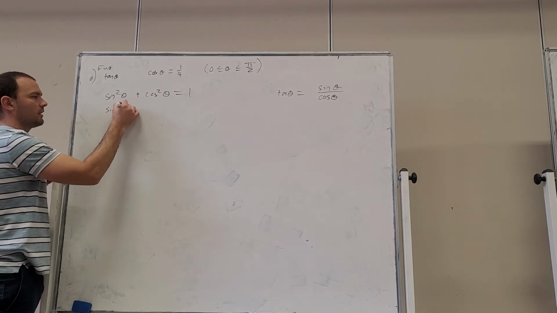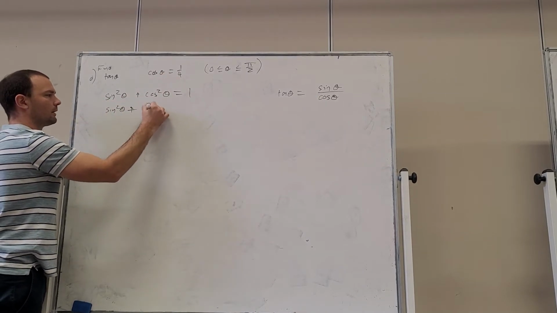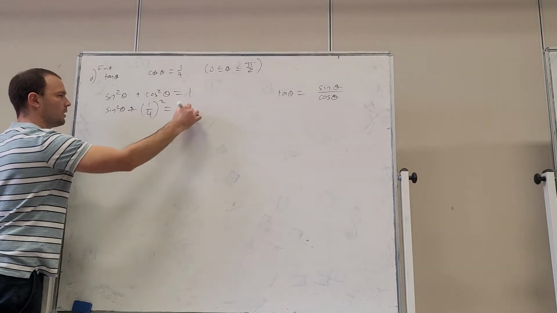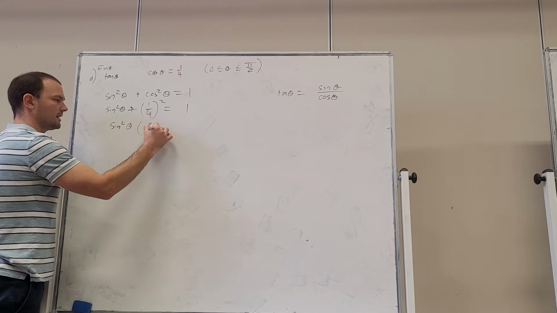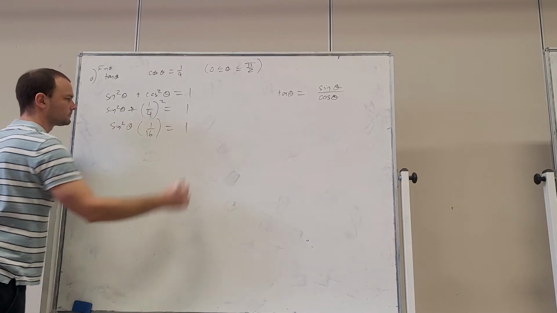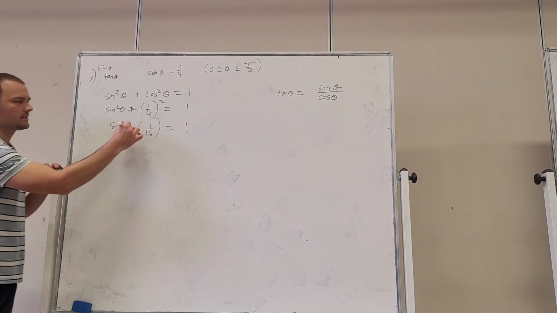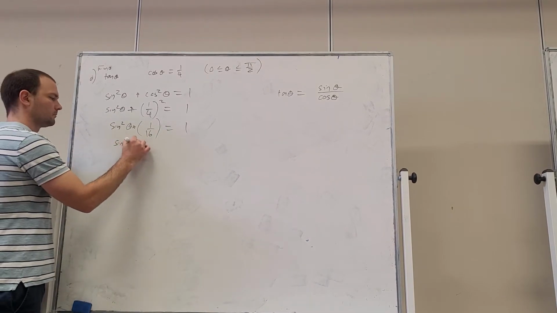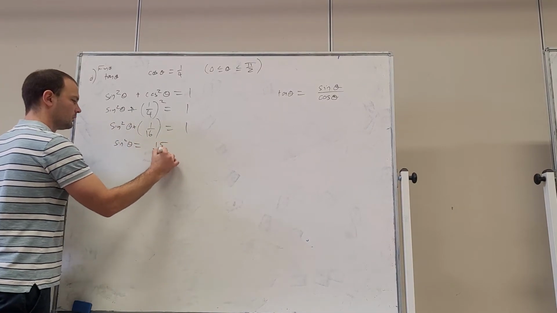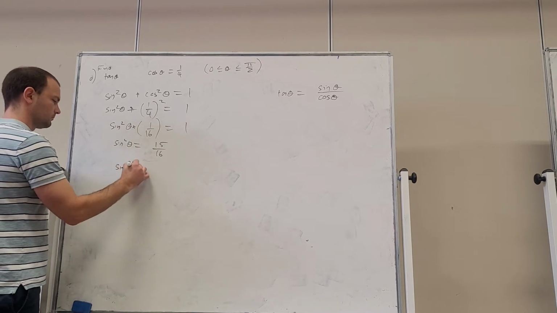We've got sine squared theta plus 1 on 4 squared is 1. And that's going to be 1 on 16. We'll subtract 1 on 16 from both sides. Square root both sides.